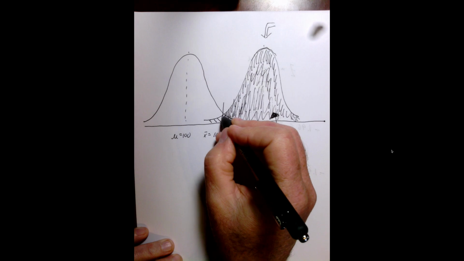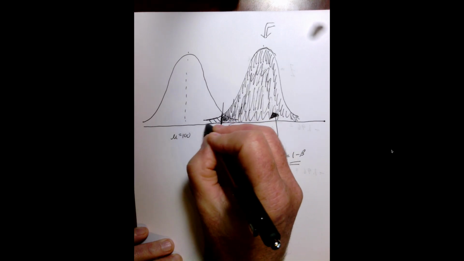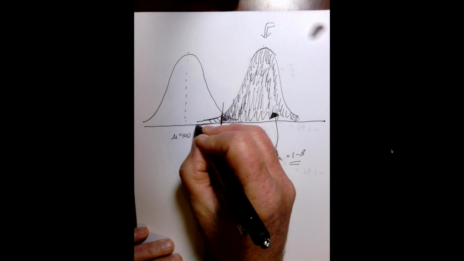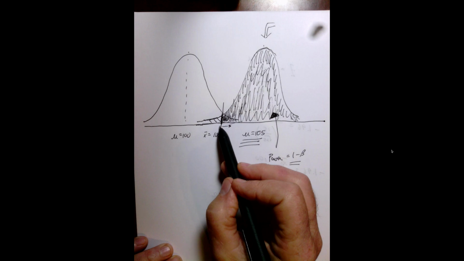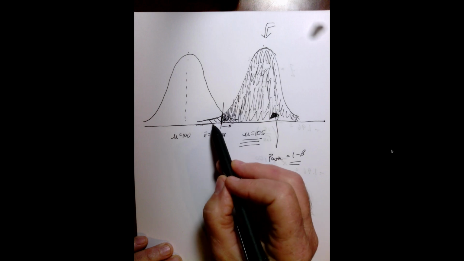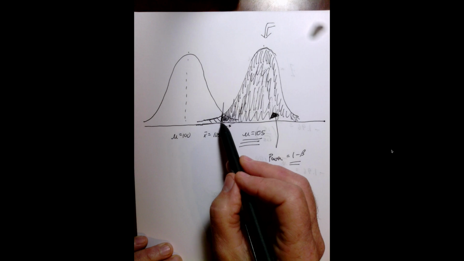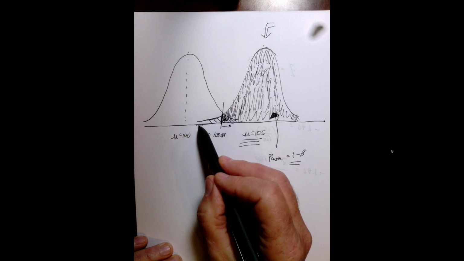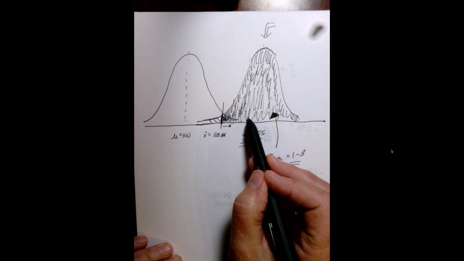What happens in this area? Well, if we get a mean over here, what are we doing? We're failing to reject, because we're going to think we're residing in this distribution with a mean of 100. We're failing to reject a false null, because again, the assumption here is the mean is 105.